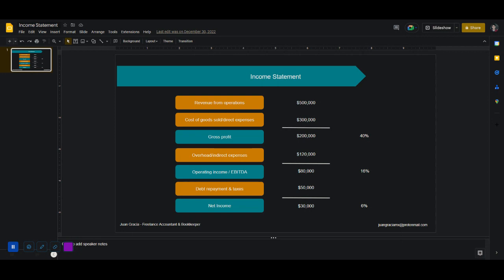Now you have your operating income. You subtract your direct expenses and indirect expenses, and basically, this is how much money you make from operating your business or how much money you're losing. And after that, we have things that are not like you have to pay them, but they are not as strictly related to running your business, or you can see them as a plus or an extra, which is the debt repayment and your taxes.